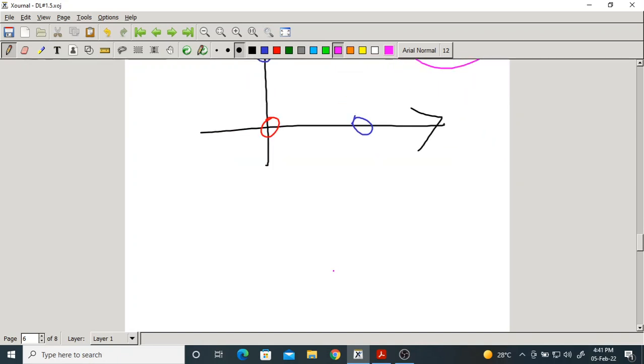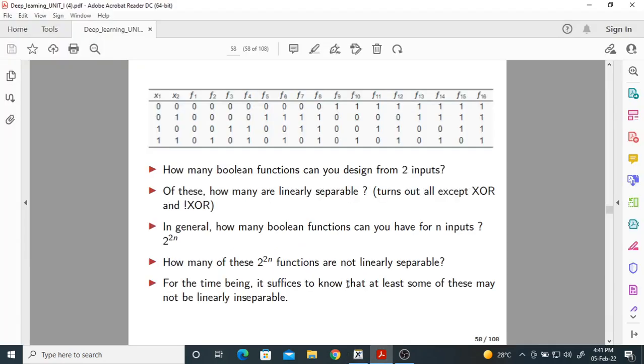But how many? That is the question. In the case of two inputs, two are not linearly separable. In the case of any number of inputs, we don't know the number, but I can assume that at least some of them are not linearly separable. But that number is required.